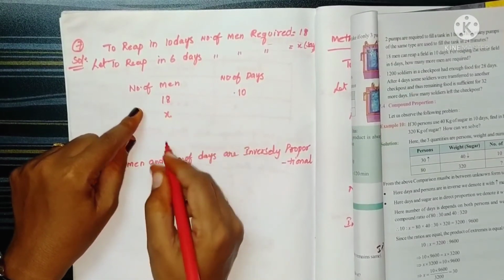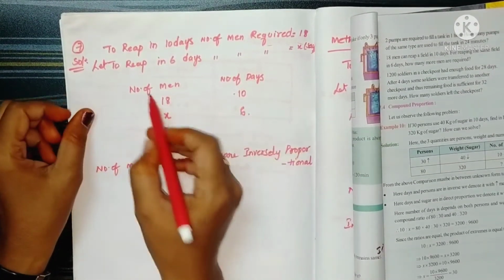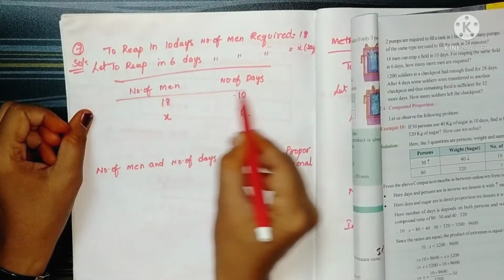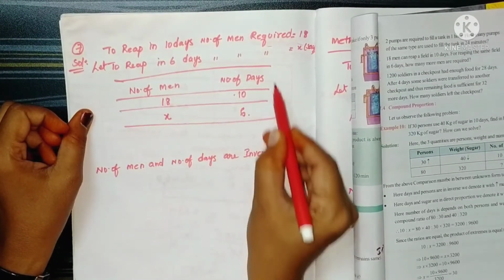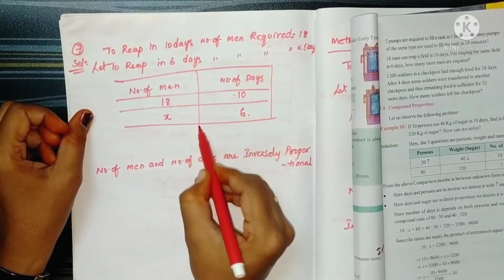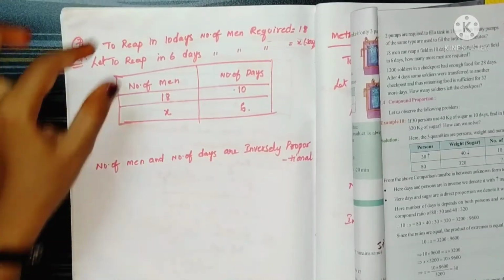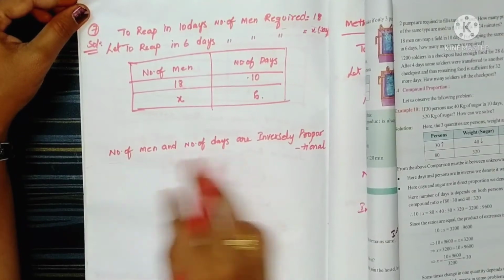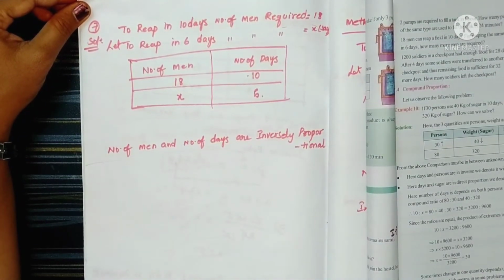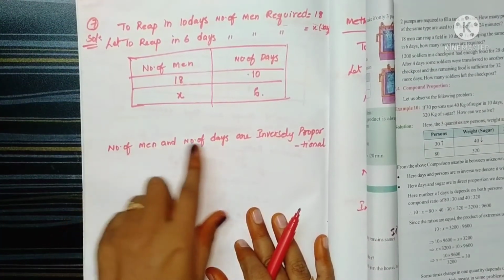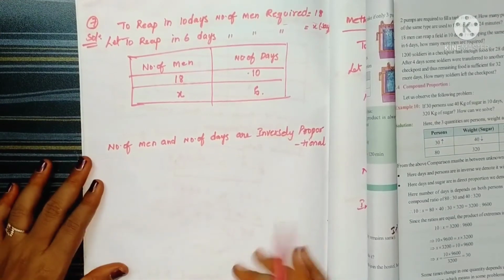So x number of men have to complete in 6 days. Okay. So with the box only you can solve without writing these steps. Okay. So now ఈ పాయింట్ అనేది మీరు ఎగ్జాక్ట్గా క్యాచ్ చేయగలగాలి. నెంబర్ ఆఫ్ మెన్ అండ్ నెంబర్ ఆఫ్ డేస్ ఆర్ ఇన్వర్స్లీ ప్రపోర్షనల్.